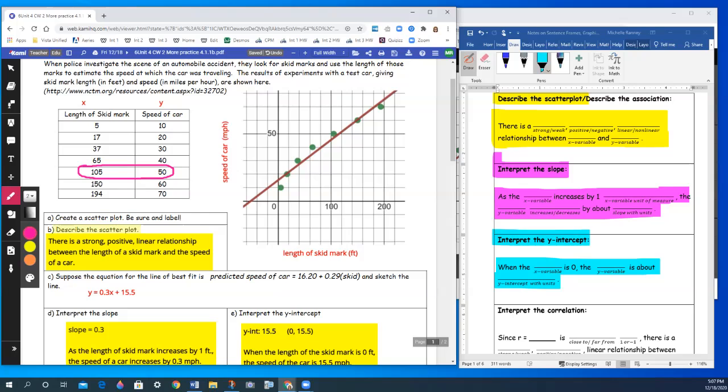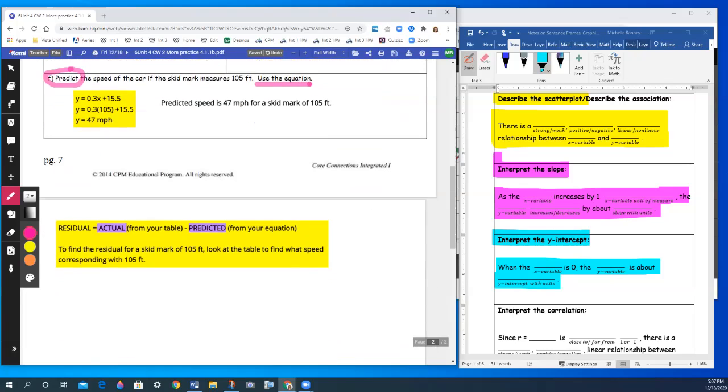That particular value is right here on my graph, and here is where it is on the equation. So you can see that it is more actually than what we predicted on the line. But again, this 105, that's going to be our actual value, 50.